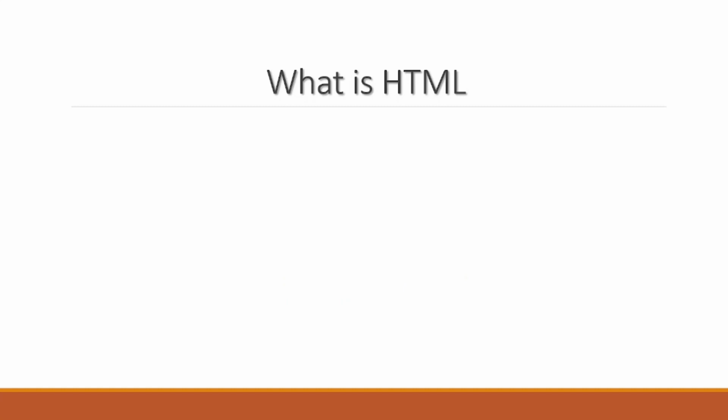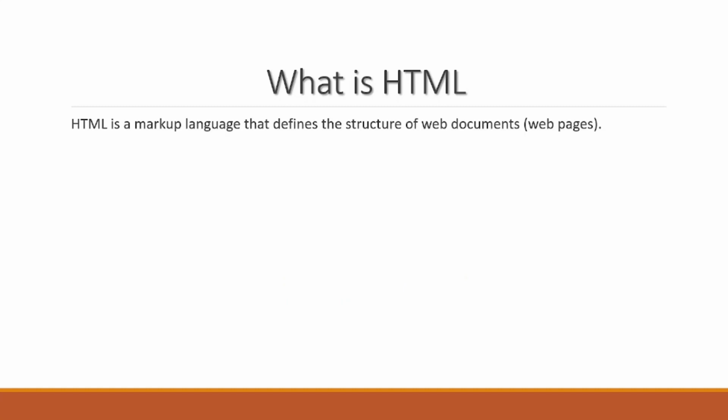What is HTML? HTML is a markup language that defines the structure of a web document. When we're talking about a web document, we are actually referring to web pages. HTML stands for Hypertext Markup Language.